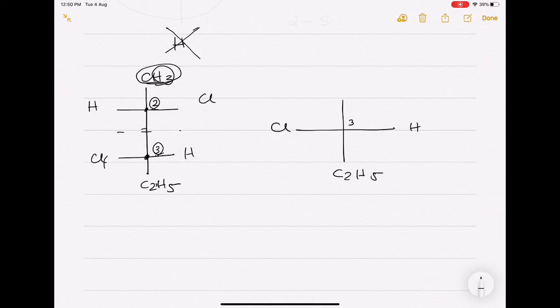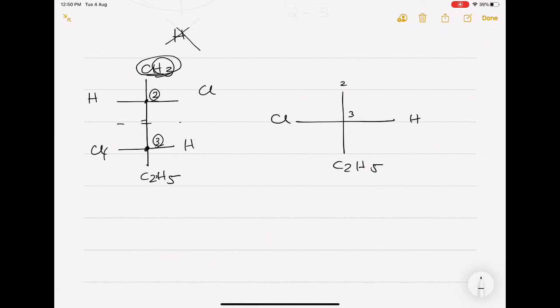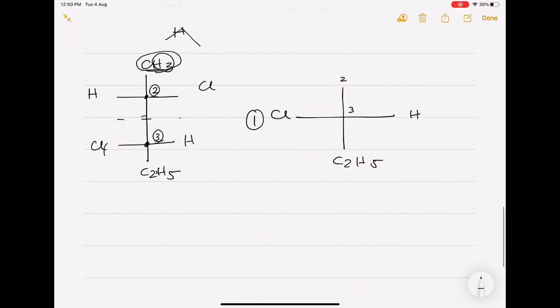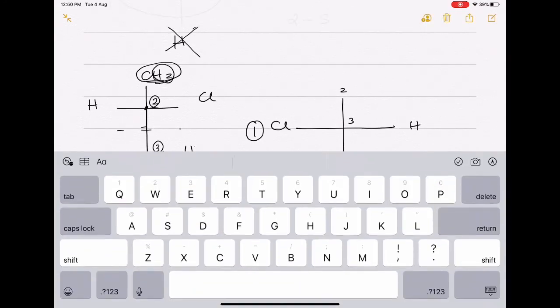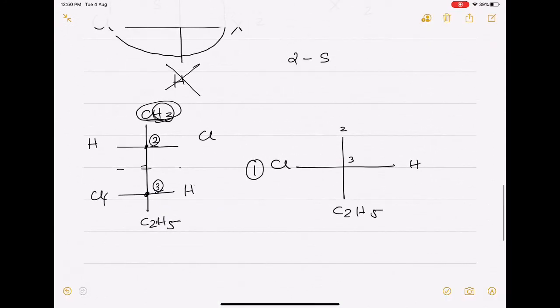C2H5Cl, and this is the second carbon here. Again Cl will get first priority, and we have to choose between the second carbon and C2H5, but obviously the second carbon will get more priority since it's attached to a chlorine. So this is getting second priority, this is third, and this is fourth.